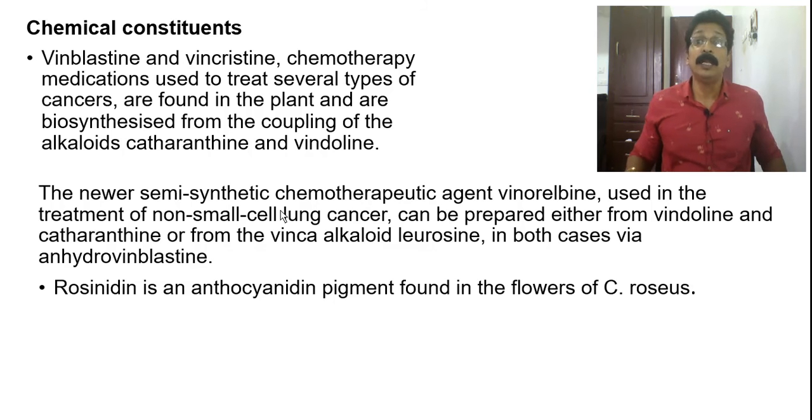So, either vindoline and catharanthine from the natural source can be used to produce vinorelbine, a drug very much useful for lung cancer. It can also be produced from the Vinca alkaloid leurosine, in both cases via anhydrovinblastine.